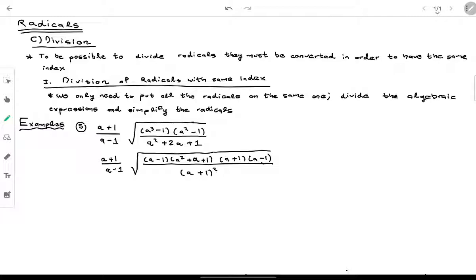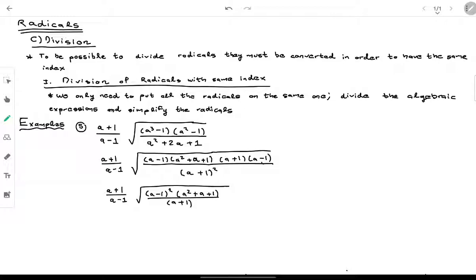So what will happen next, it's going to be a plus 1 divided by a minus 1. We can simplify it, and it's going to be a minus 1, all of it squared, that multiplies a squared plus a plus 1, all of it divided by a plus 1.